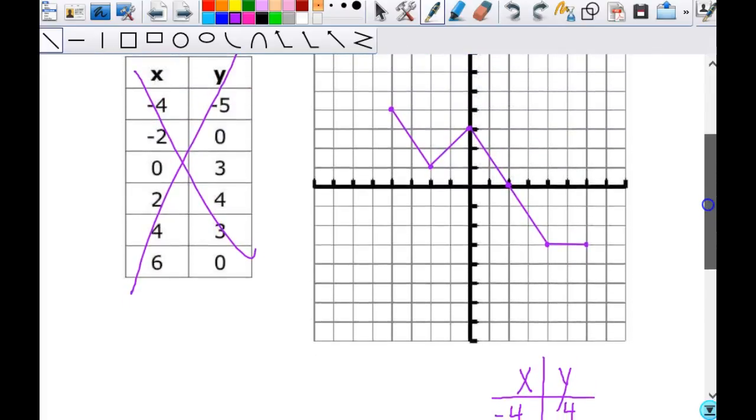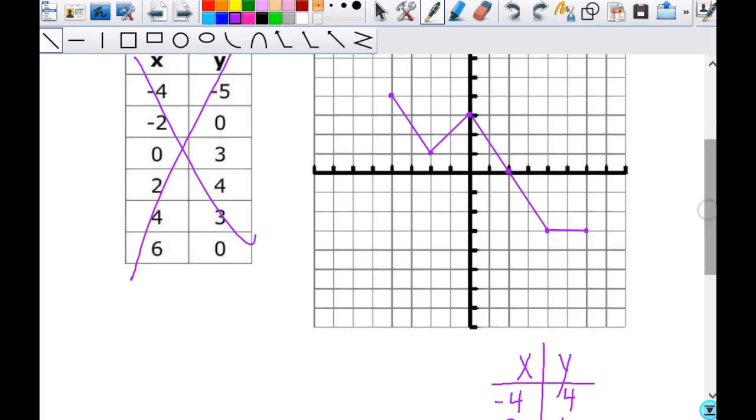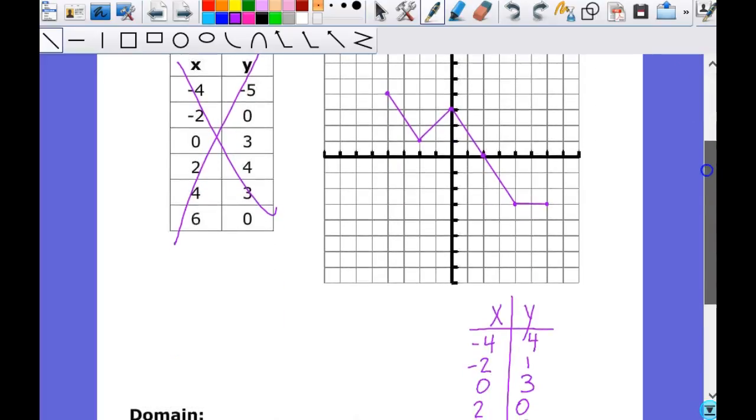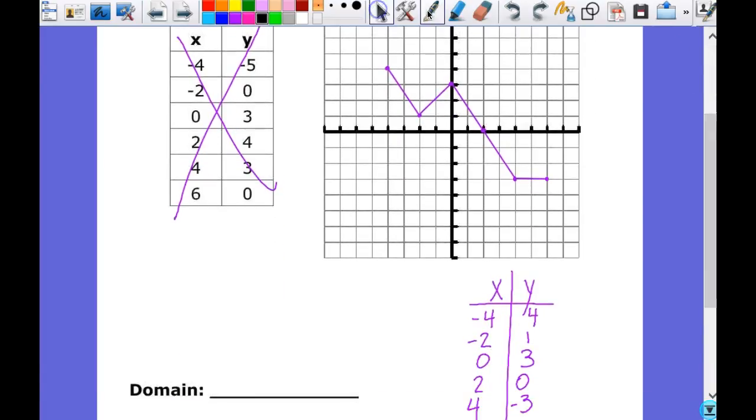So let's do that real quick because I think we have time. I feel bad because I feel like I've confused everybody now. All right, so we're going to use this one, and we're going to find f of the absolute value of x.